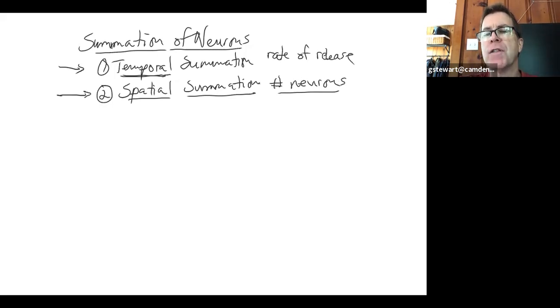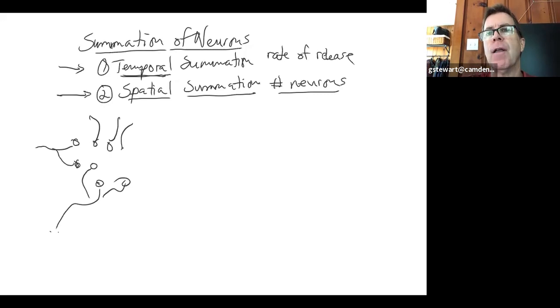If we have, for example, just two axon terminals stimulating the postsynaptic cell, contrasting with if we had, let's say, 25 axon terminals stimulating the same postsynaptic cell, that's going to cause a summation response on this postsynaptic cell, whatever it is, and it will reach its threshold more quickly.